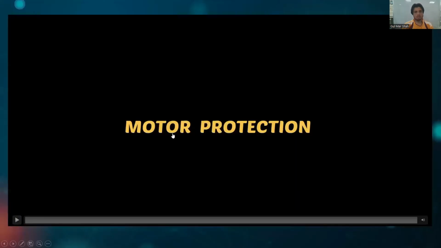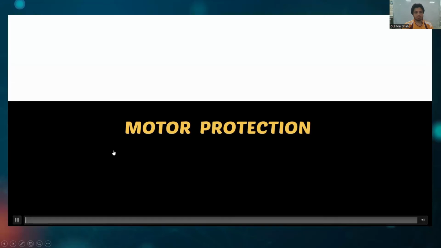Have a look at the last one, motor protection, where we have designed the differential protection for a motor in the lab, and we have successfully done this too. Let's have a look at this one.